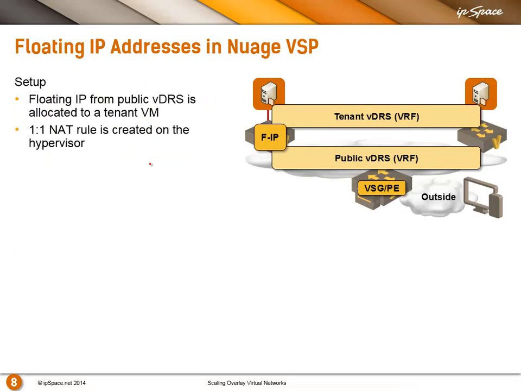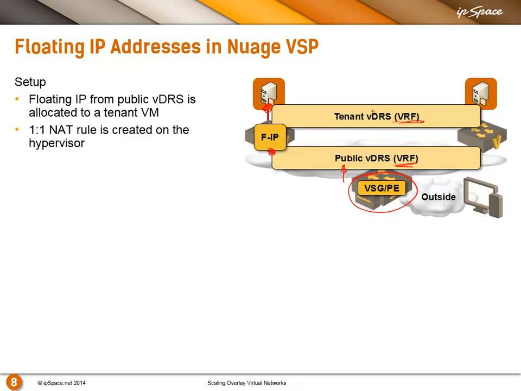Anyway, what Nuage is doing in this case is, if you want to do a floating IP address from some virtual VRS, which is their acronym for VRF, DRS stands for Distributed Routing System. So this might be a public VRF that's connected to a PE router or a hardware gateway, and you want to have a mapping between this outside IP address and a VM IP address, which is sitting in some tenant VRF.